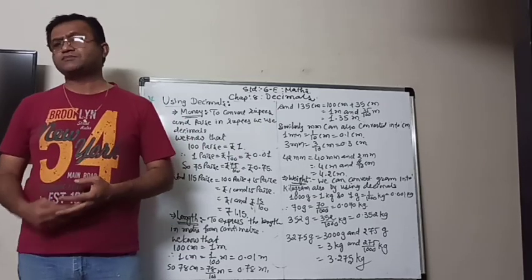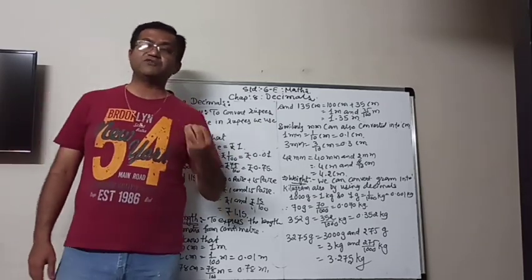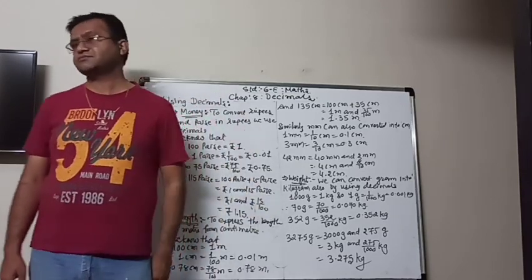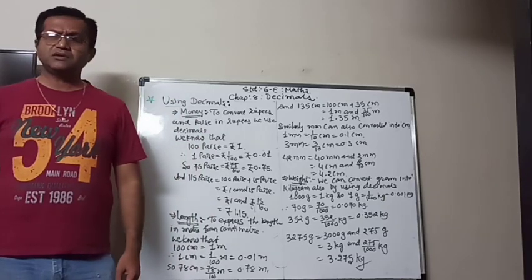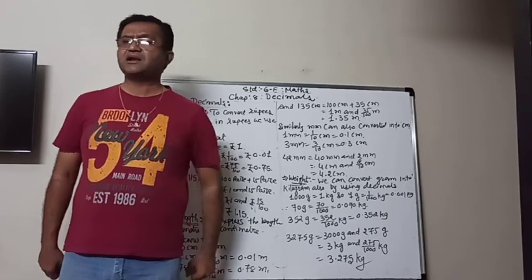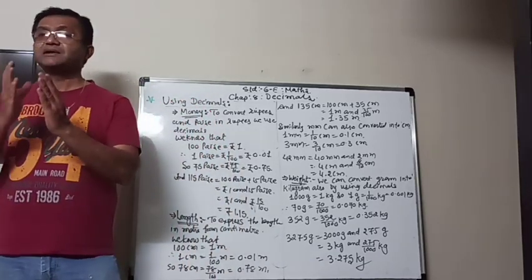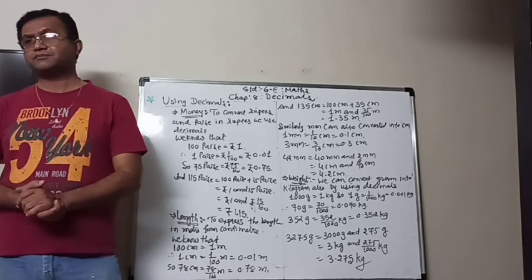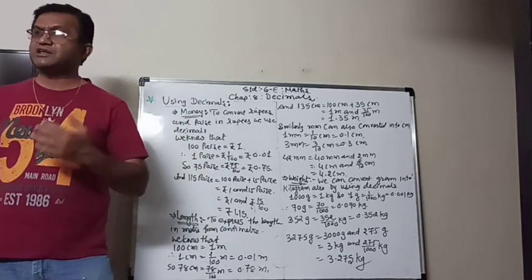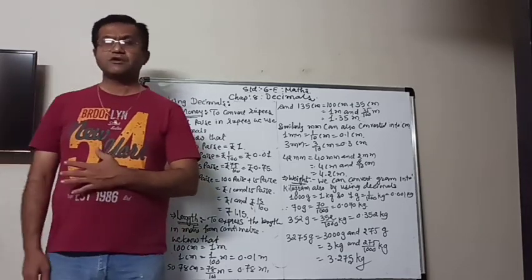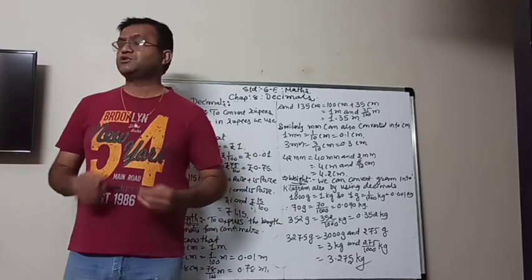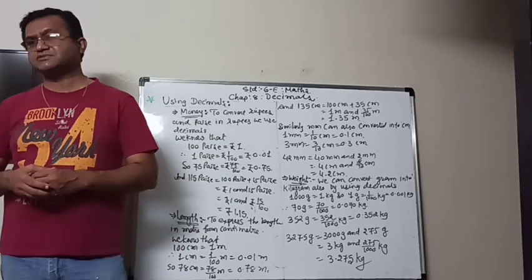So in weight also, when you measure the weight of any object, for example, you buy groceries, then when you fill up a bag and put it on the scale, it will not show you an exact kilogram measurement. It will be kilogram and some grams also. So in this situation also, we need to convert grams and kilograms into kilograms by using decimals.